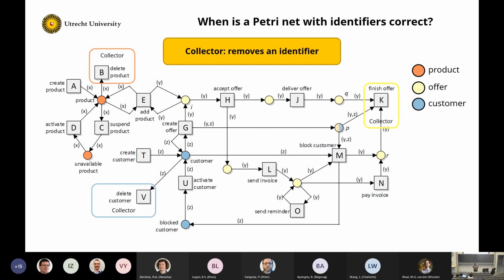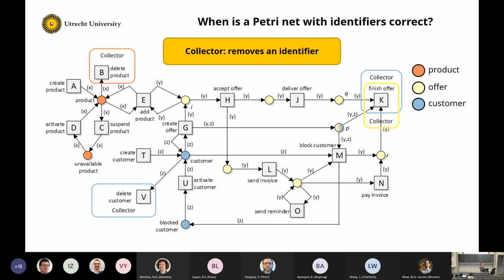That's the whole idea. There's only one caveat in this model. Transition K has this yellow-blue thingy, so place P holds both an offer and a customer. That means transition K also removes a customer. So this is also a collector of the customer.